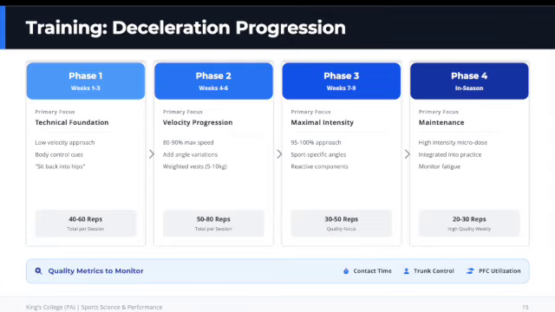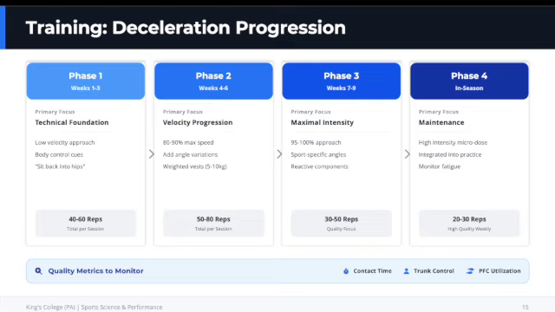The training deceleration progression. Phase 1, weeks 1 to 3: technical foundation, low velocity approach, body control, cue: sit back into the hips. Phase 2, weeks 4 to 6: velocity progression, 80 to 90% max speed, with angle variation, weight vests.